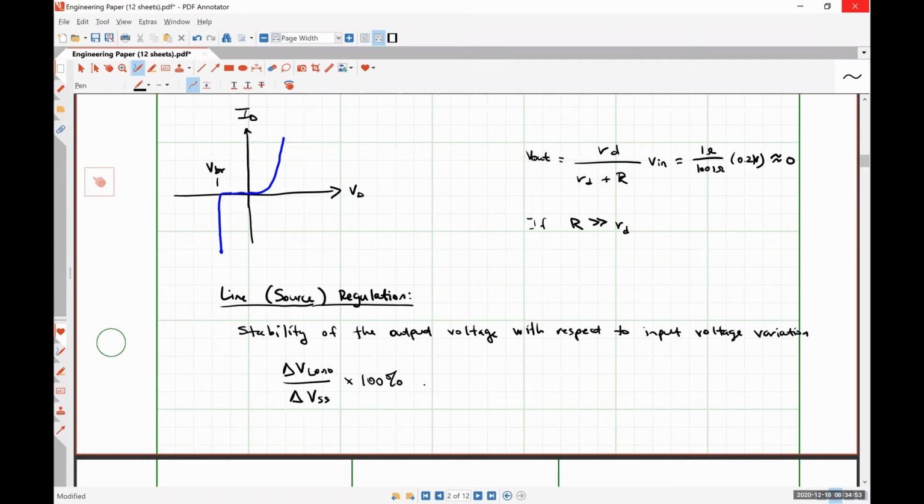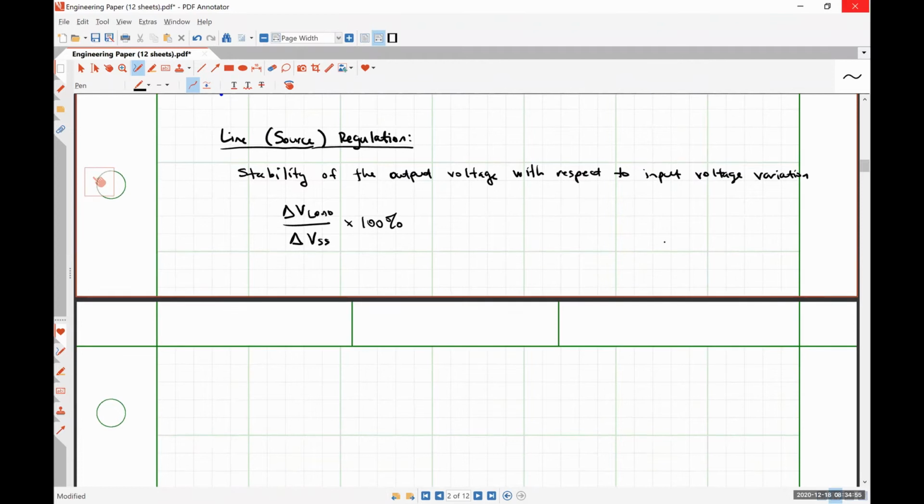Then we also have another figure of merit, which is called the load regulation.